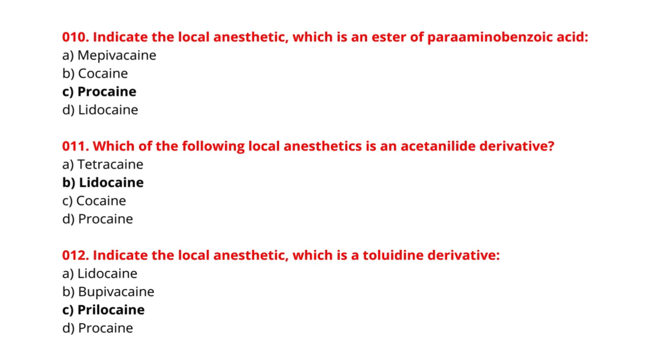B. Lidocaine. C. Cocaine. D. Procaine. Answer is B. 012. Indicate the local anesthetic, which is a toluidine derivative. A. Lidocaine. B. Bupivacaine. C. Prilocaine. D. Procaine. Answer is C.